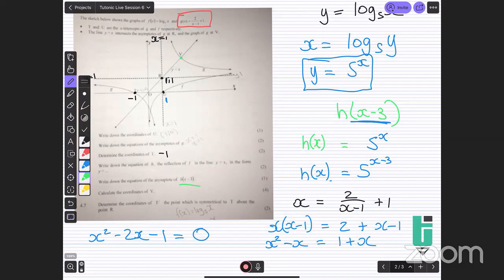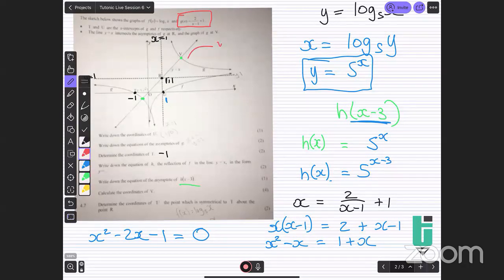But then you take the positive one because it's in the first quadrant. So the equation doesn't know which one you want. You have to use your knowledge to say it's going to be the positive one. You guys agree? Yes.